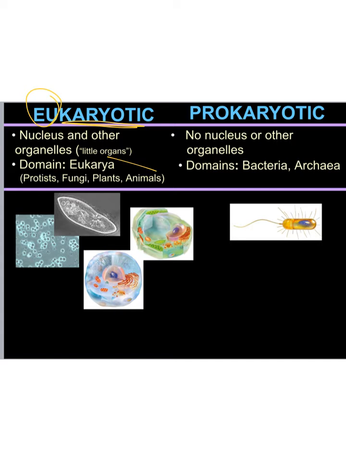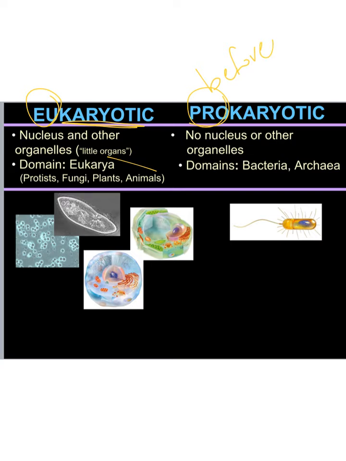So anything that fits into the domain Eukarya, which we talked about back in chapter 1, so these are your protists, your fungi, your plants, and your animals, all of those contain eukaryotic cells. Your prokaryotic cell, remember the pro prefix means before, so these are things that would have evolved before nuclei.